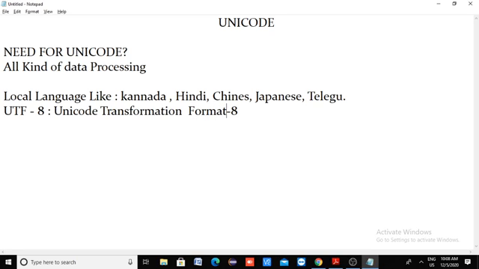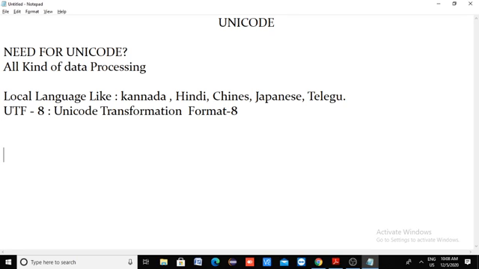So why are you using UTF-8? What is the use of UTF-8? This is a byte-oriented format having all Unicode characters represented as a variable length encoding of 1, 2, 3 or 4 bytes. Like this they are coding.